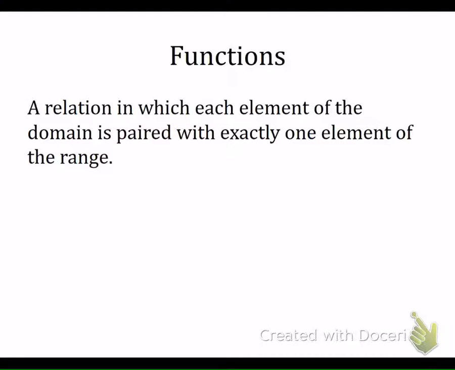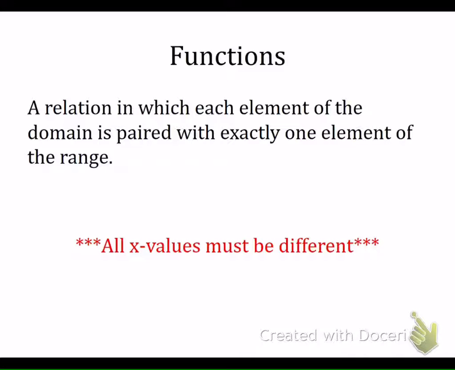So a function is a relation in which each element of the domain is paired with exactly one element of the range. So basically, none of the x values can be the same. So if you have an x value that repeats and gives you a different y each time, it is not a function. To be a function, each x gives you one y, okay?